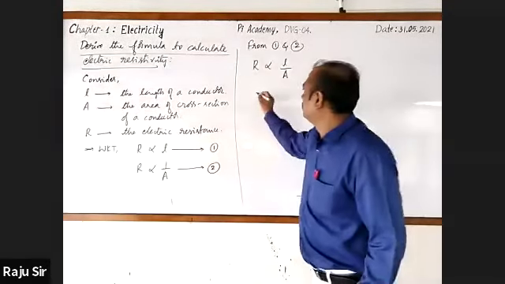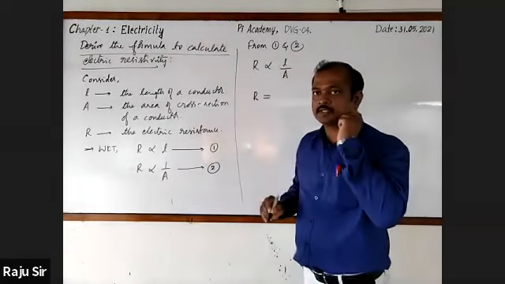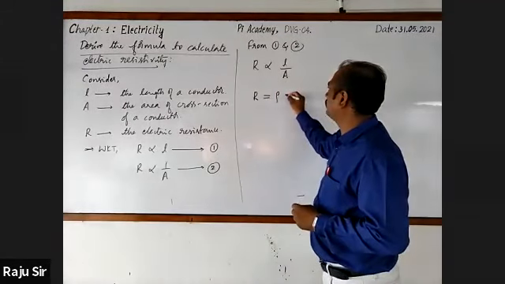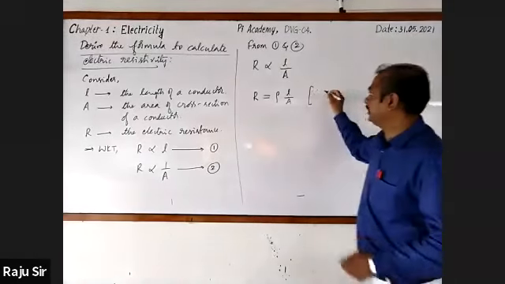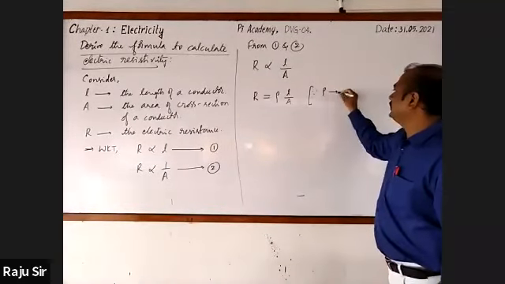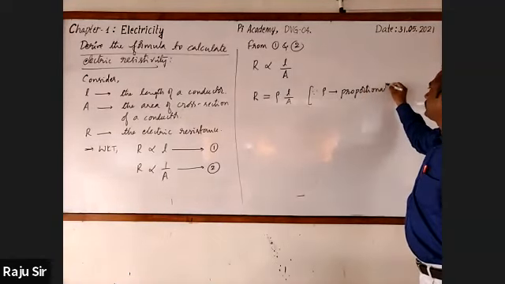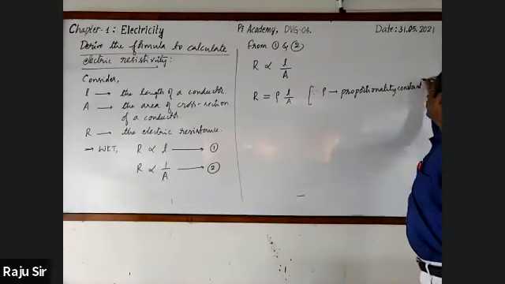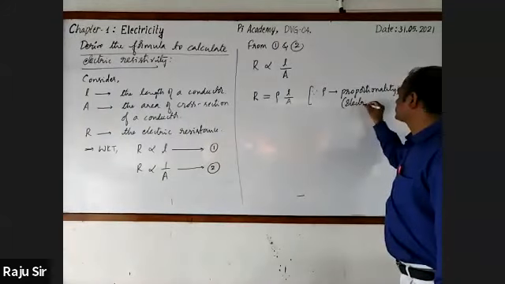Next, remove the proportional sign and add equals by assuming rho. R equal to rho into L by A. In bracket, you write rho, the proportionality constant. We call this proportionality constant electric resistivity.